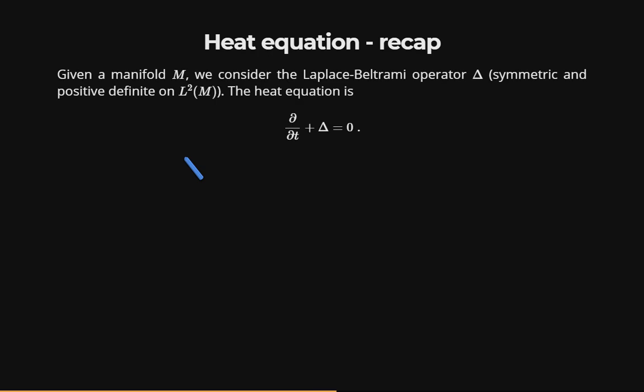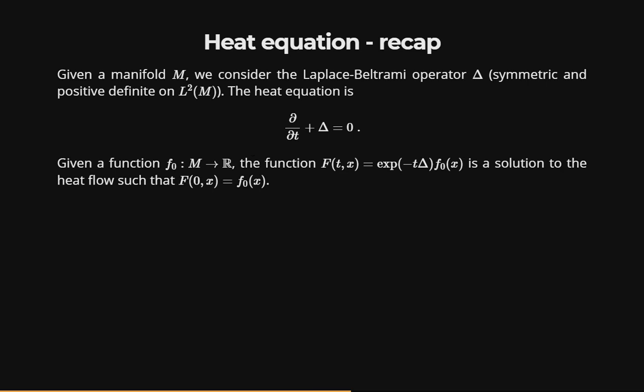So, what happens with the heat equation? The heat equation is this one. I check the signs. So if the Laplacian is positive definite, you need this sign. And given a function, f from M to R, you can build a solution of the heat equation that starts at time 0 with your function by computing exp of minus t Laplacian of f0 of x.